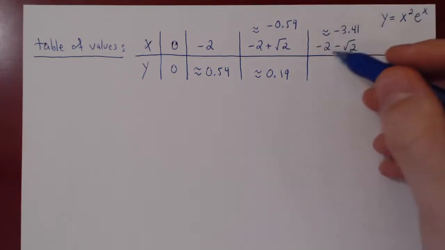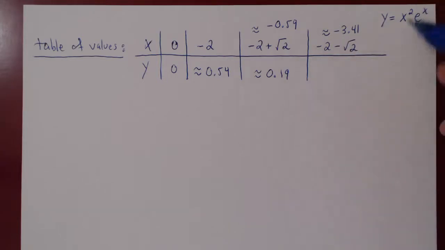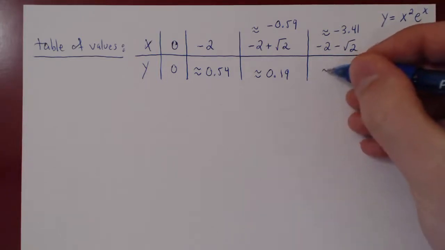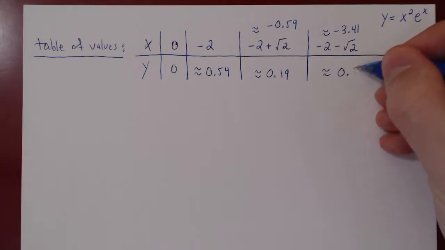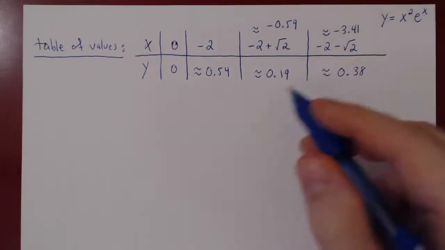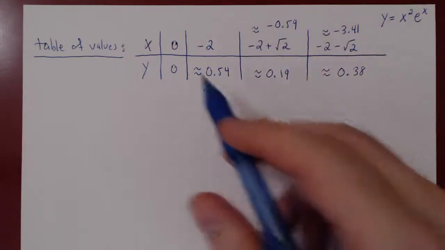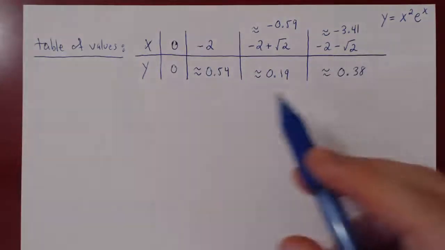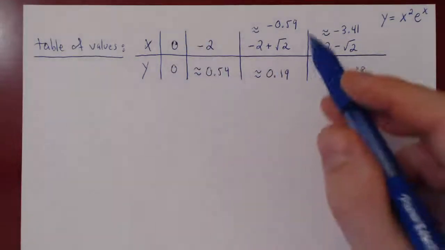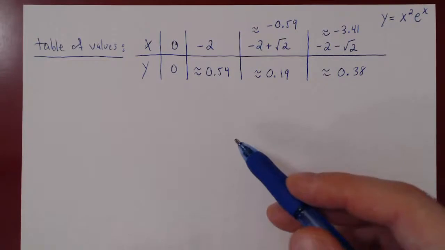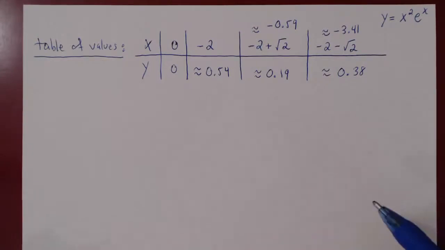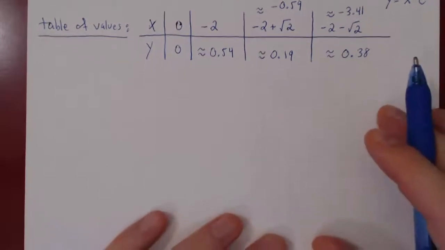And if you plug this in for x in the function, you will find a y value that is approximately 0.38. And now we have our table of values, at least initially for the 4 points of interest, the 2 critical and the 2 possible inflection points. We are now ready to produce an accurate sketch of our function.